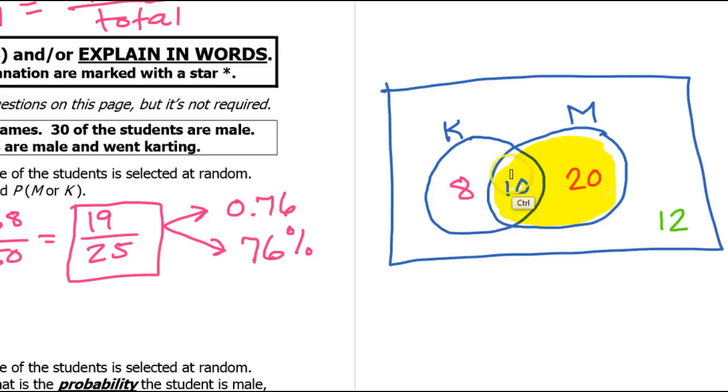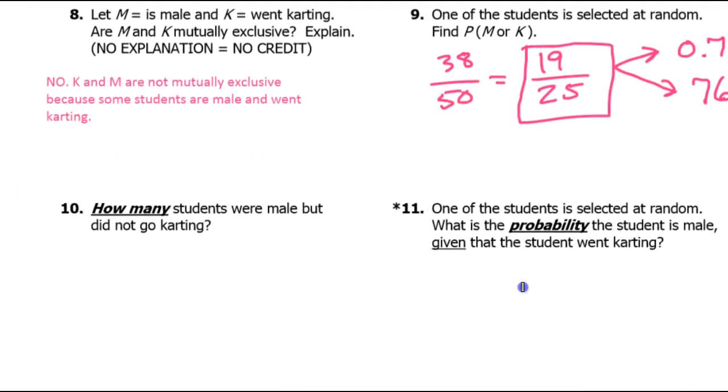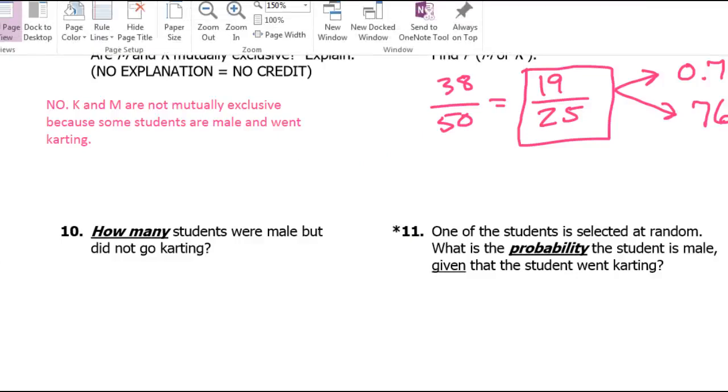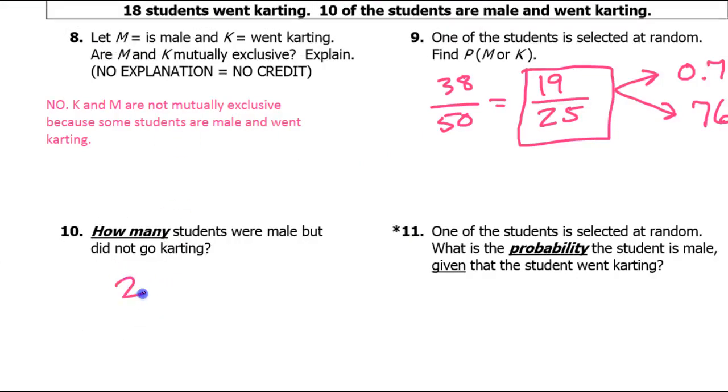I want to avoid the karting because it says, but did not go karting. So if I just skillfully avoid that portion, I'm left with this part over here. This section represents the students that are male but did not go karting. So obviously that's 20. Notice this says how many, not a probability. So I get to simply say 20.